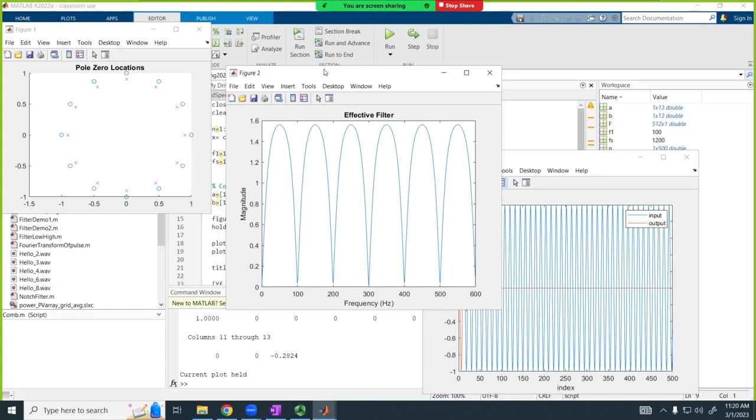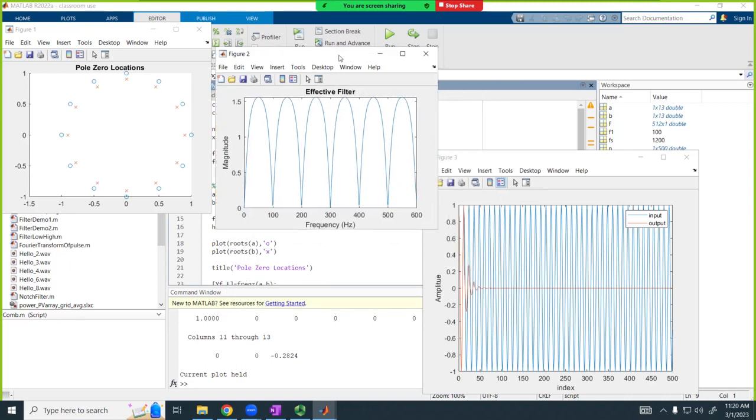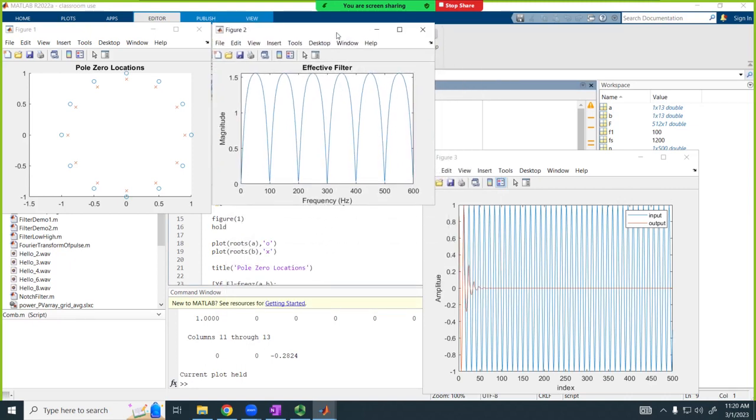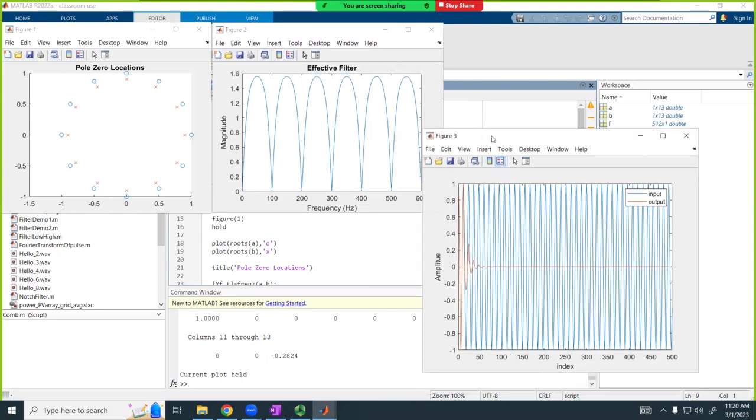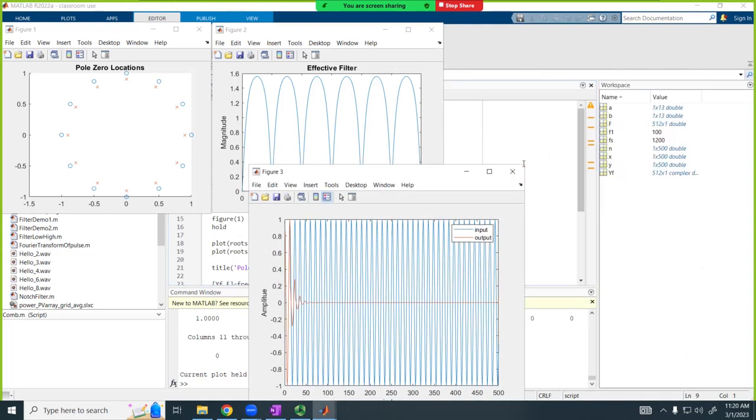And then we see the frequency response of the filter. And what does it look like? A comb.